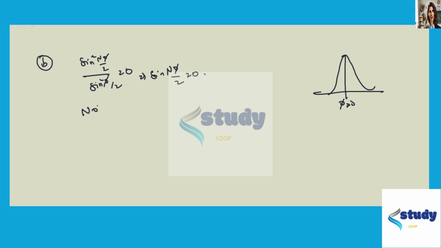This happens when n phi by 2 is equal to plus or minus pi, giving us phi is equal to plus or minus 2 pi by n. Hence, this width is equal to 4 pi by n, which is inversely proportional to n.